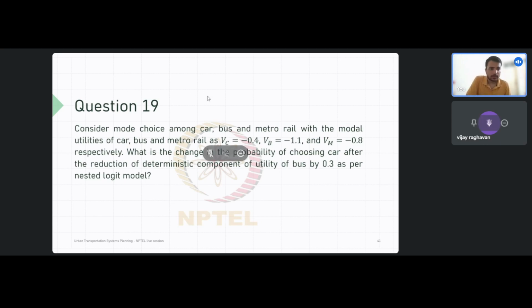You can give it a try and we'll discuss the answer. There is no option for this. It is simply a value you have to say.